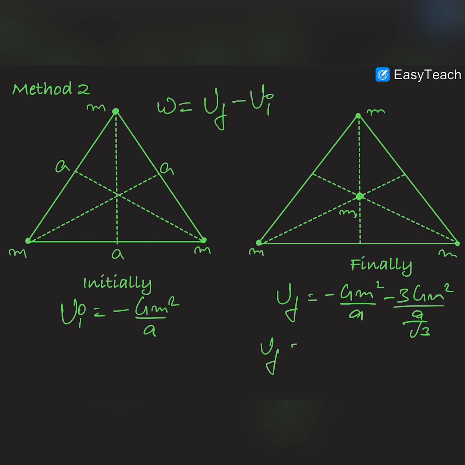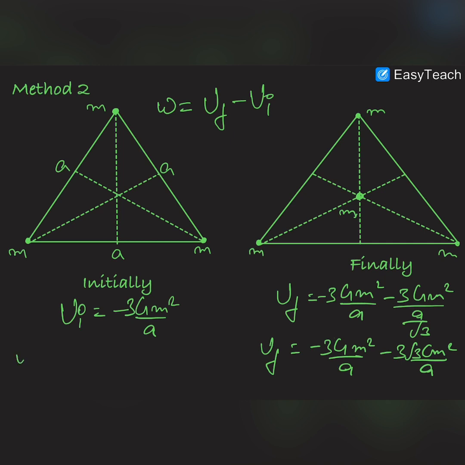So U final would be equal to minus 3 GM square by a, and this is minus 3 root 3 GM square by a.